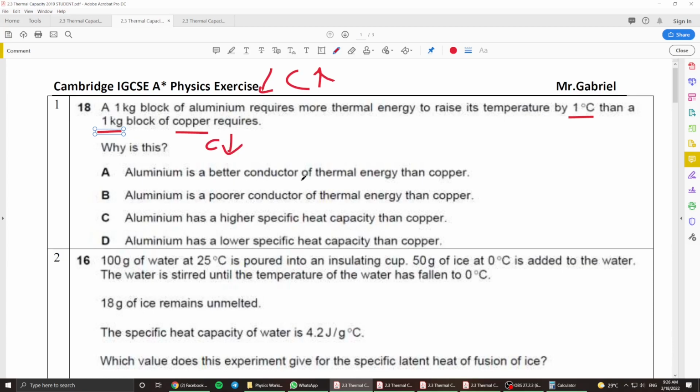Aluminium is a better conductor of thermal energy than copper: not true. Aluminium is a poorer conductor than copper: possible. Aluminium has a higher specific heat capacity than copper: that's possible. Aluminium has a lower specific heat: not possible either. So the more logical answer is definitely going to be C.